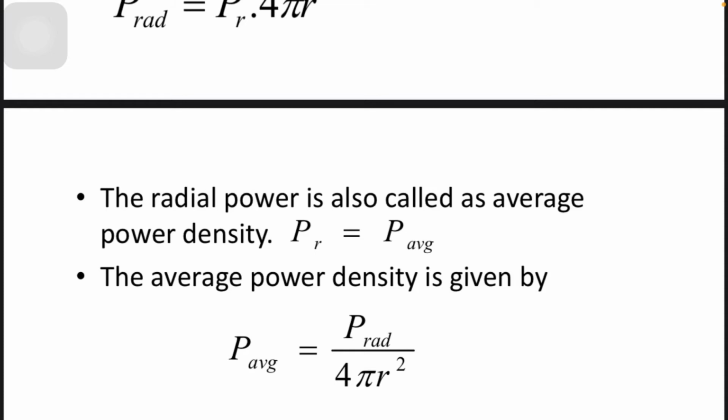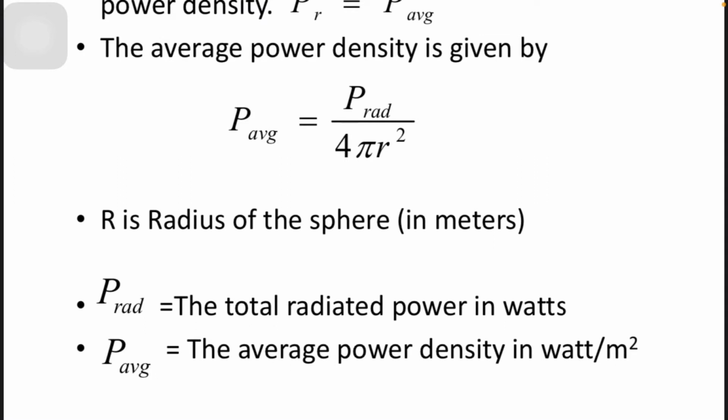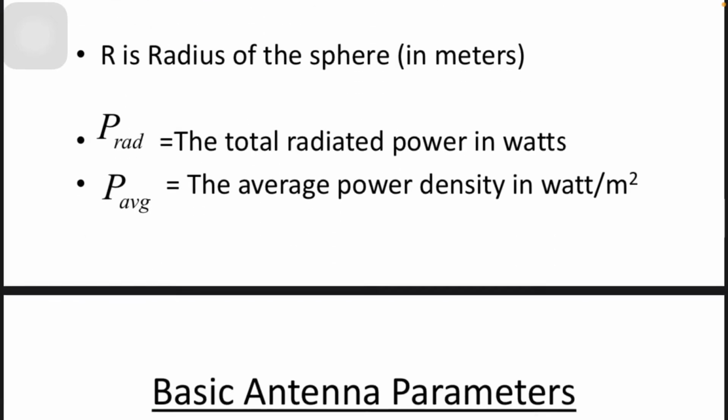The average power density is given by P average equal to P rad by 4 pi r square. r is the radius of the sphere in meters, P rad is the total radiated power in watts, and P average is the average power density in watts per meter square.